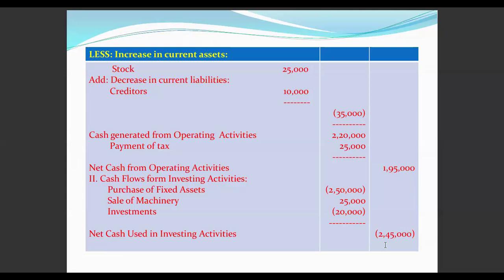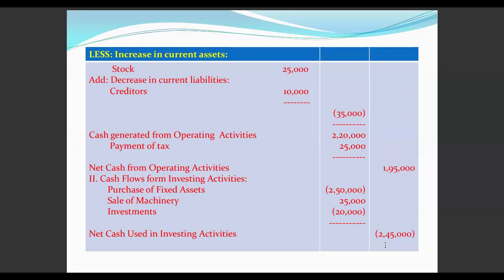Sorry for the technical issue. Here we have found the cash flow from investing activities is negative because we purchased fixed assets. There is a change in value of fixed assets of 50,000. The machinery which was costing 50,000 was sold at 25,000, and investment has increased from 90,000 to 110,000.